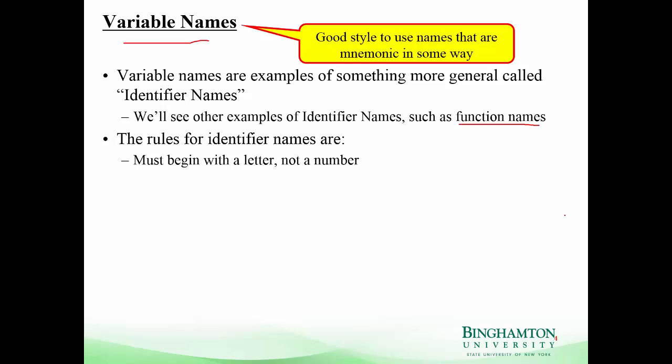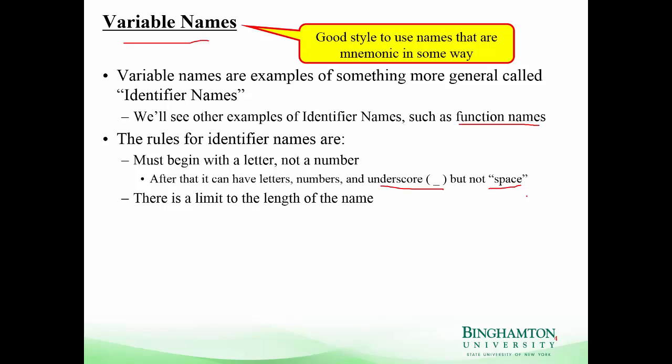Any identifier name must begin with a letter, it cannot begin with a number. But after you've started with that first letter, you can have numbers, you can have other letters, and you can include the underscore symbol. But you cannot have a space. As soon as you hit the space bar, you're done with that name.